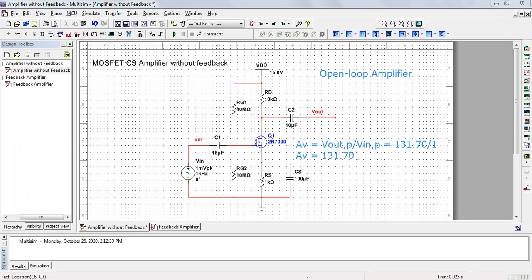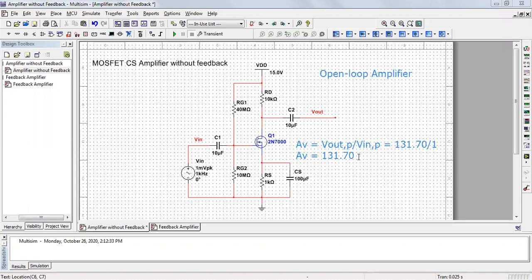So I have to apply a negative feedback such that my overall gain with negative feedback should be 1000 only, not 1 lakh. That's the reason we don't use amplifiers in open loop configuration.